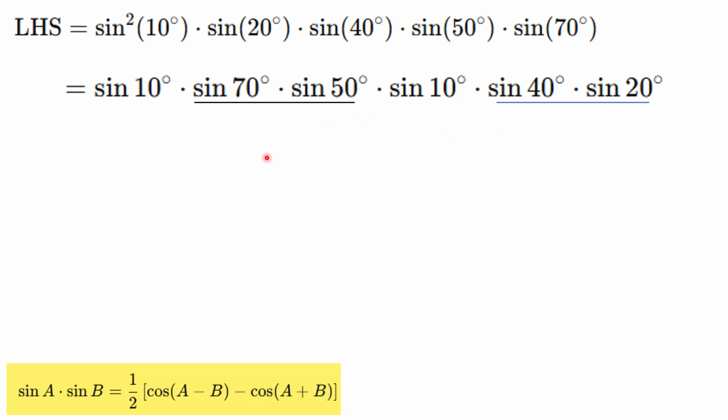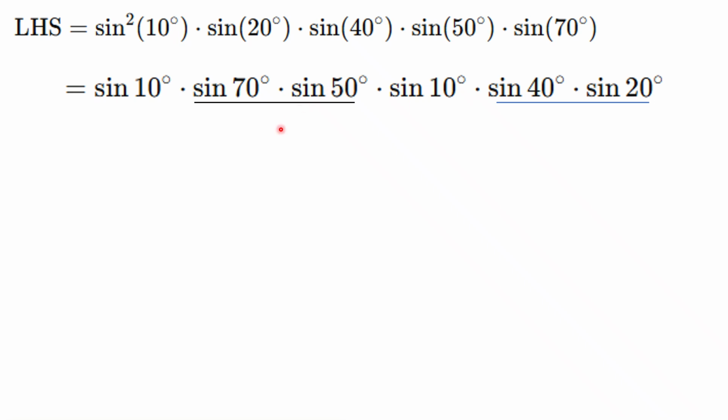We can use the identity sin A sin B is equal to 1 by 2 into cos of A minus B minus cos of A plus B. Here A is equal to 70 degrees and B is equal to 50 degrees. Upon using the identity, sin 70 into sin 50 becomes 1 by 2 into cos of 70 minus 50 minus cos of 70 plus 50.